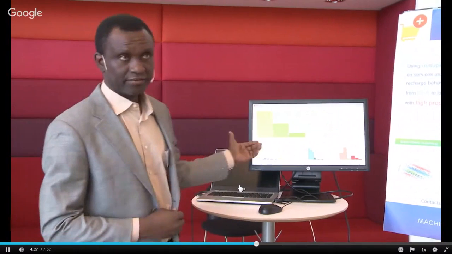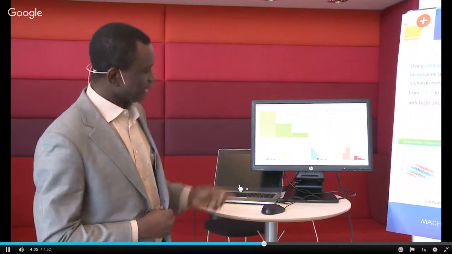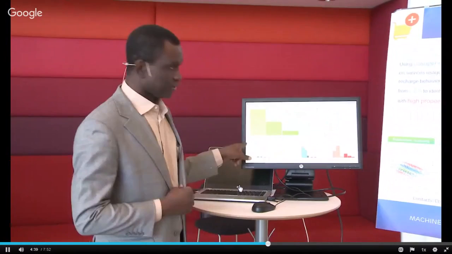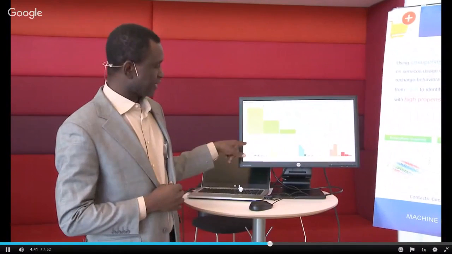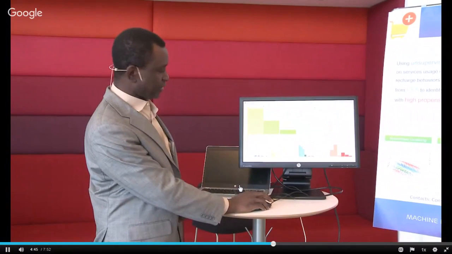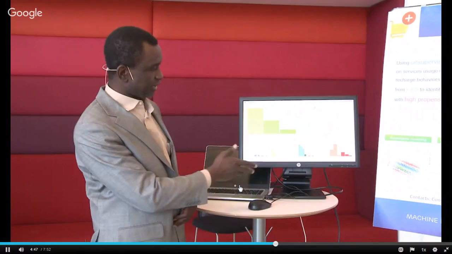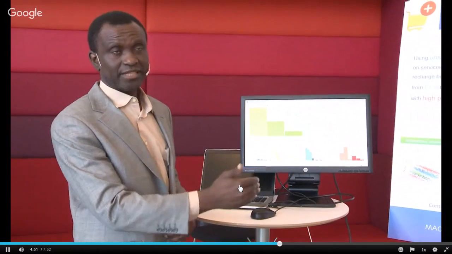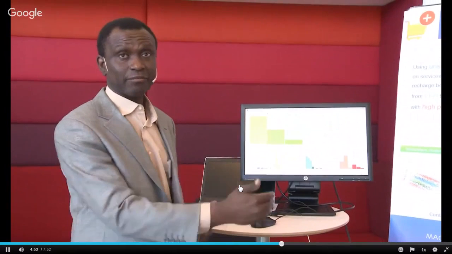The intention of this process is to find what type of service we can propose to this user. In this screen, in this design, we give the admin the possibility to tune the parameters and to set a threshold on the balance before recharge, on the data consumption, and the recharge frequency, where they will detect that the user has a high propensity to buy.